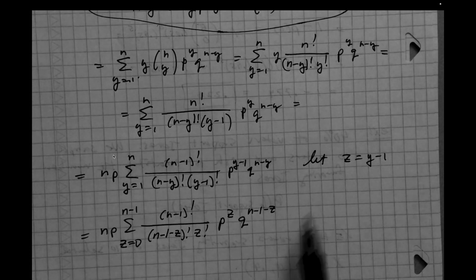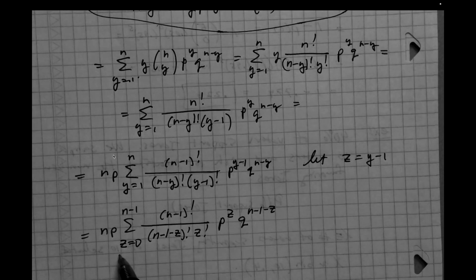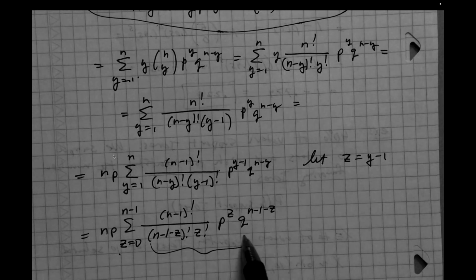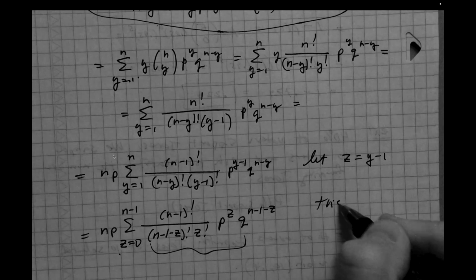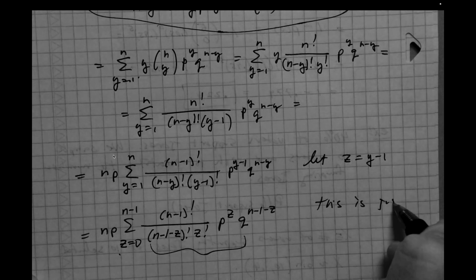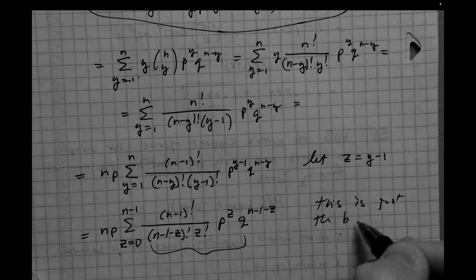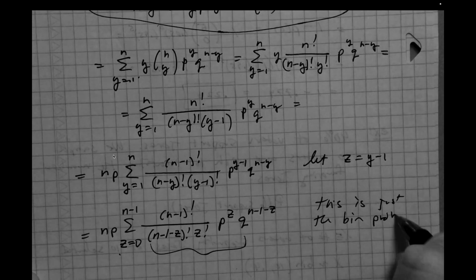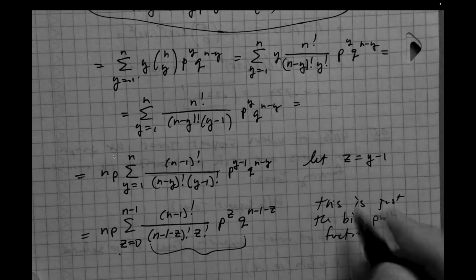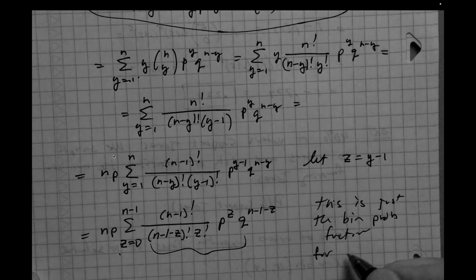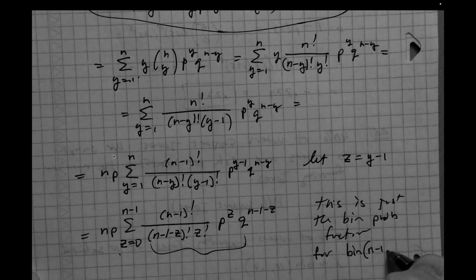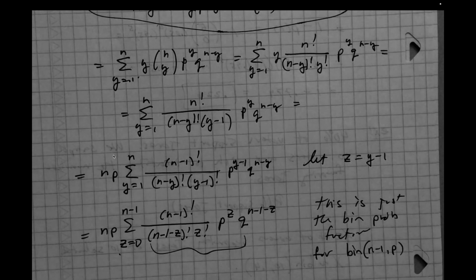Now notice this piece right here is just the binomial probability function for a binomial where n is n minus 1 and the probability of success is p.